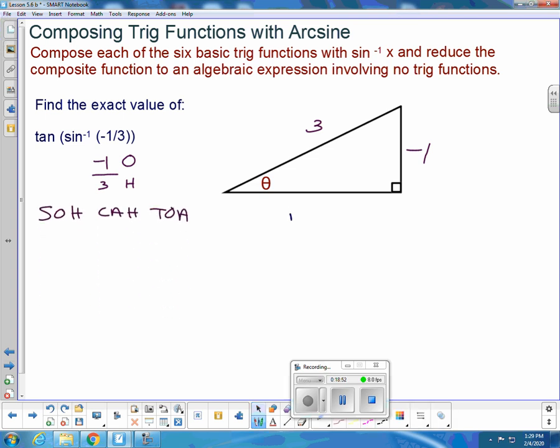Square root of 8, which is 2 square roots of 2. So now what is the tangent of angle theta? Opposite over adjacent.